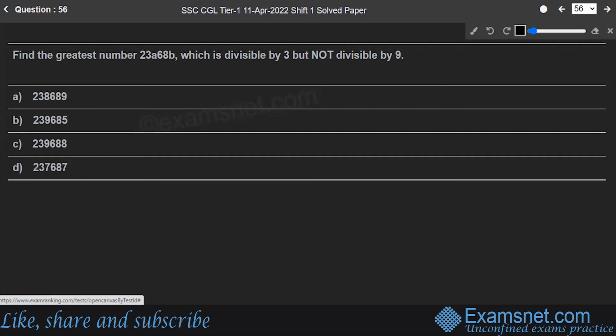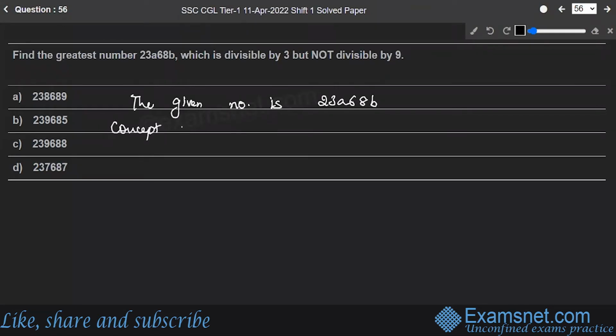Okay, so let's start. First of all, the given number is 23A68B. Concept: you must know the divisibility test of 3 and the divisibility test of 9. What is the divisibility test of 3?